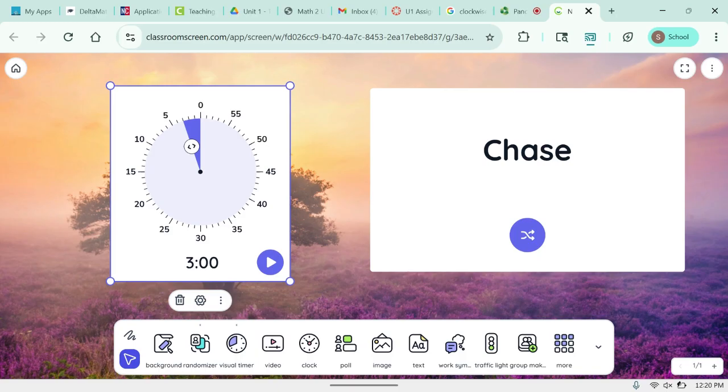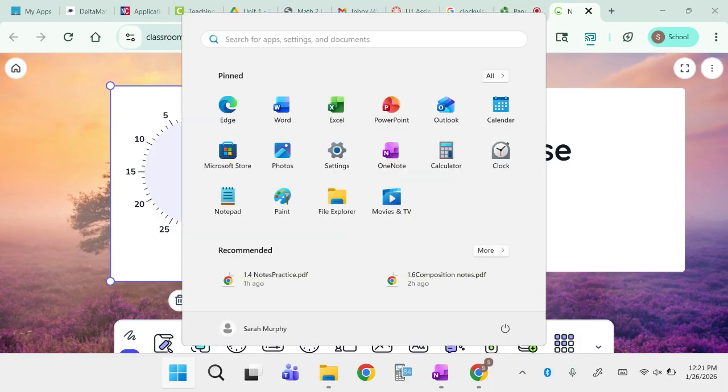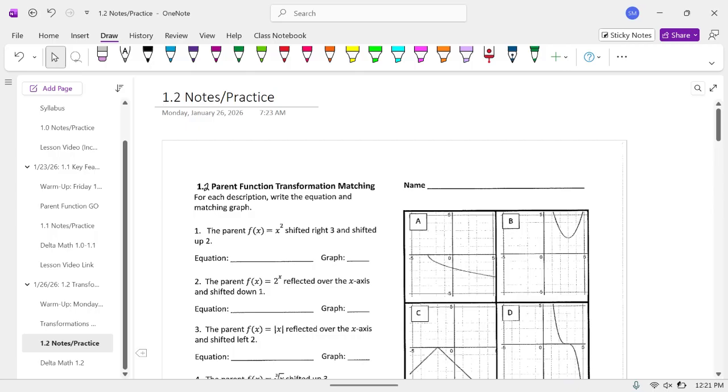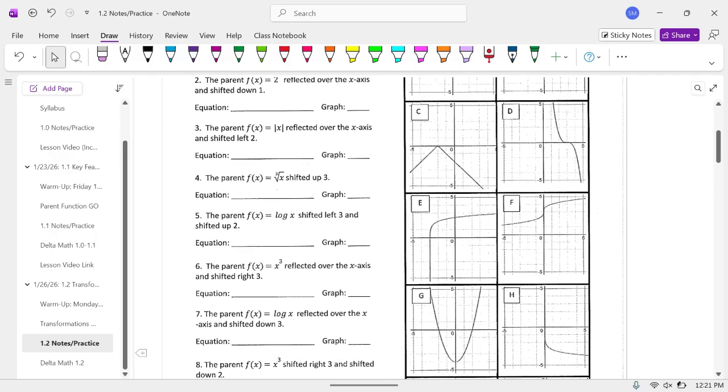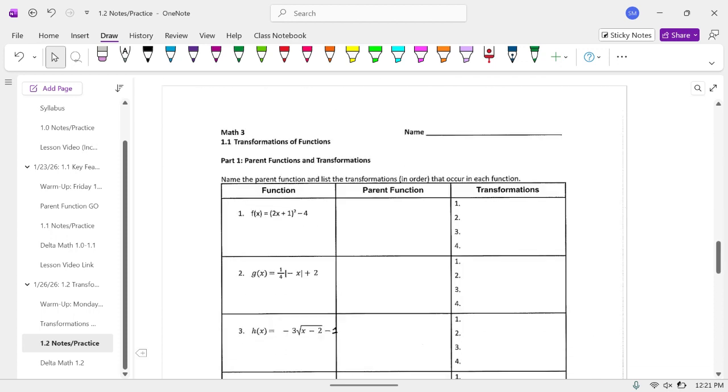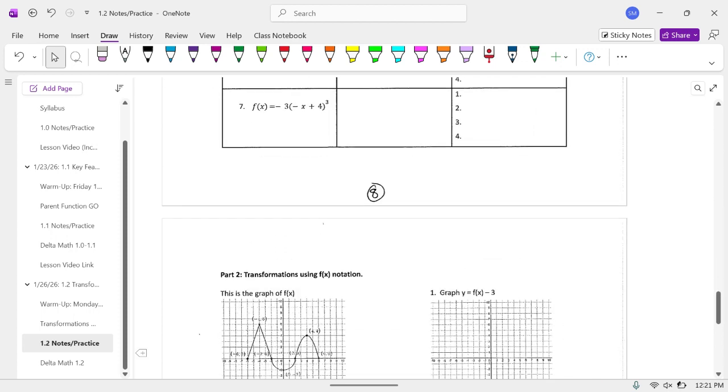All right, so take out your packet now, and let's start. Go to page 8.